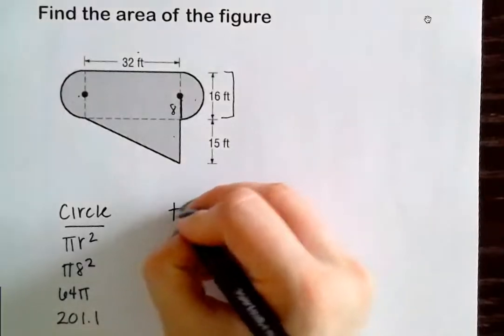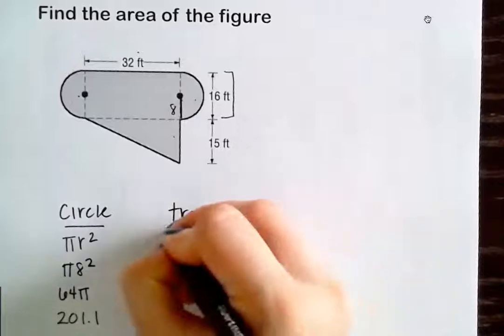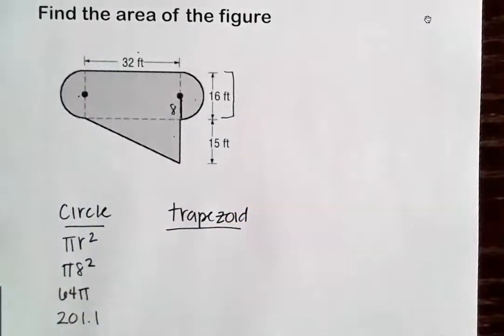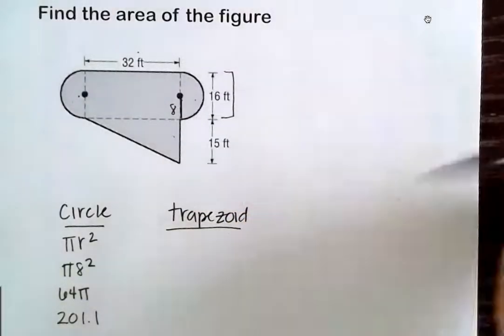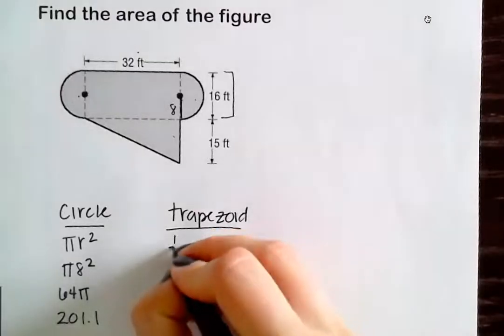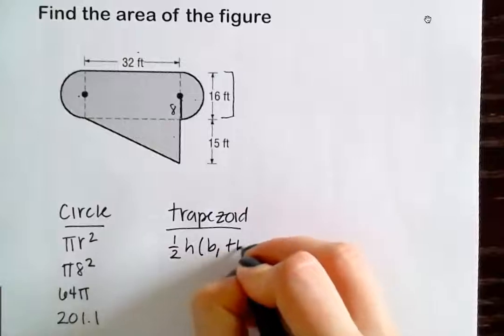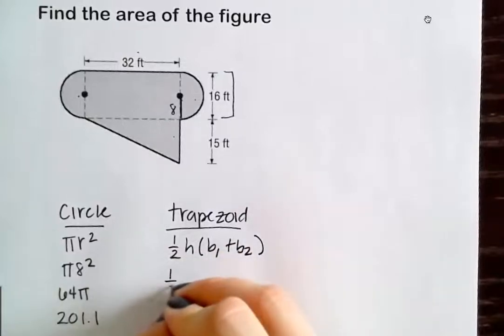Now, let's look at that trapezoid. Again, remember there is more than one way to solve these problems, but I just noticed I can do it in 2 steps instead of 3. Our formula, half our height with our bases added together, half.